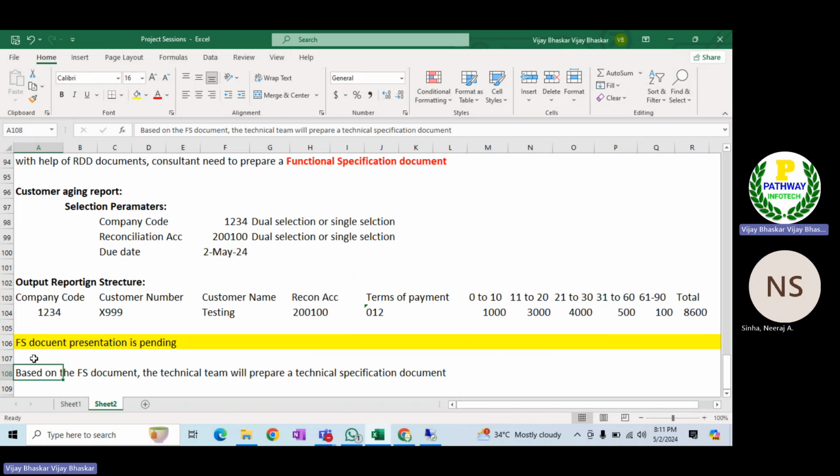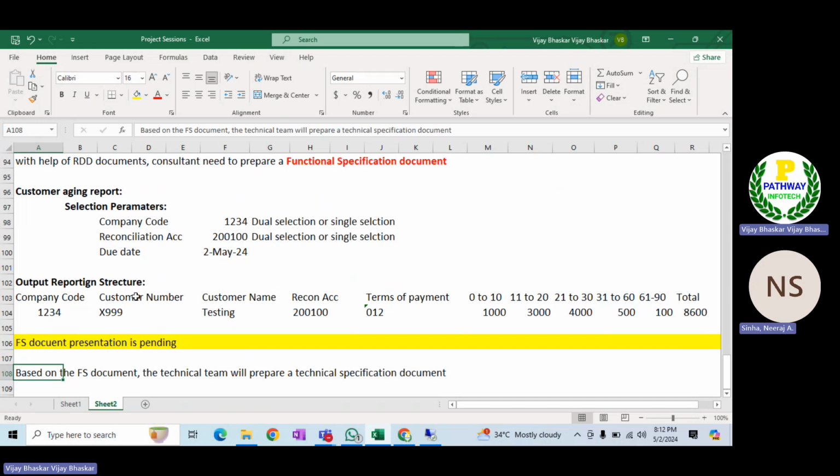No, sir. But sir, one thing: in customizing a report, only two things are required, the selection parameter and the output reporting structure. Yes, you must describe the output reporting structure. Without the output structure, what additional advantage is the client going to gain?